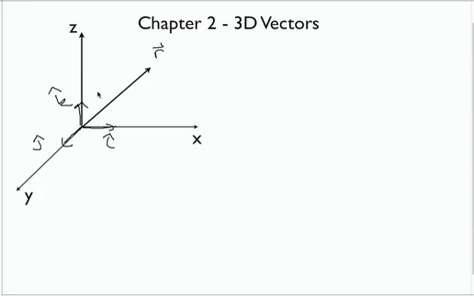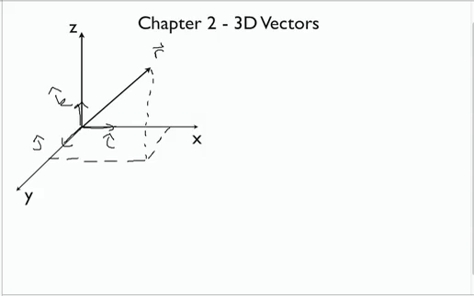All right, so breaking out the components for this is a little more complicated than in 2D. And so the first thing that we're going to do is go ahead and draw a little box here, where we will project the tip of the vector down to the XY plane.